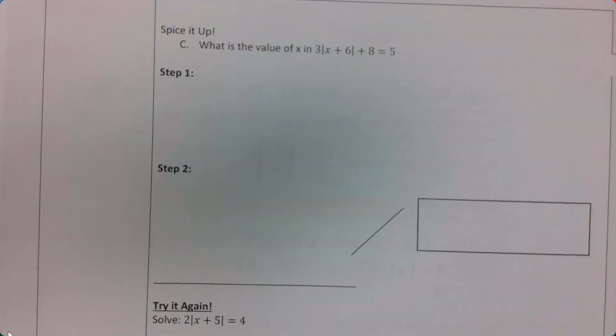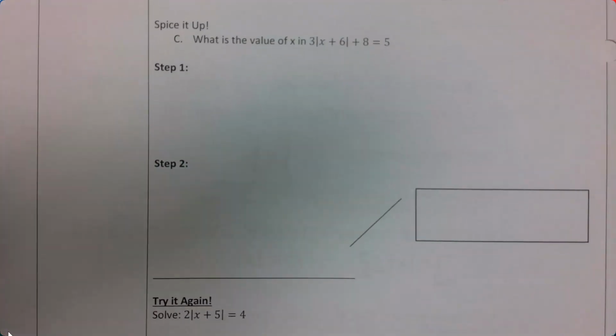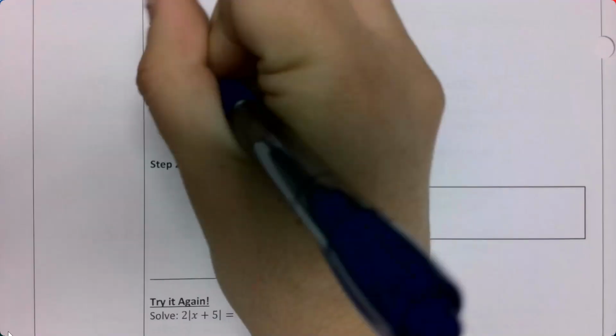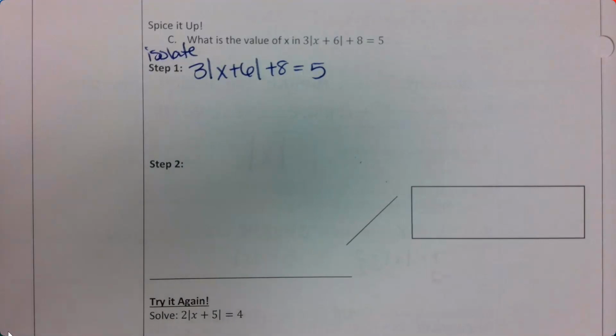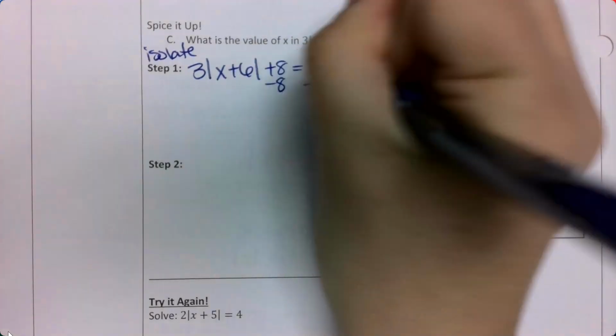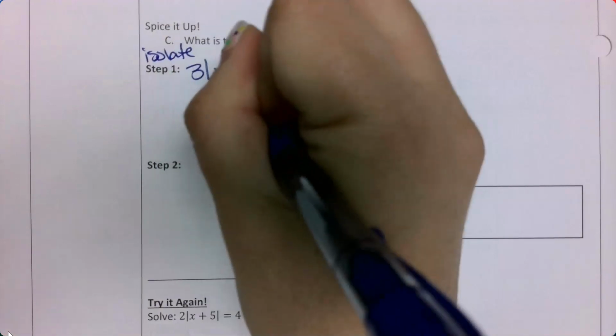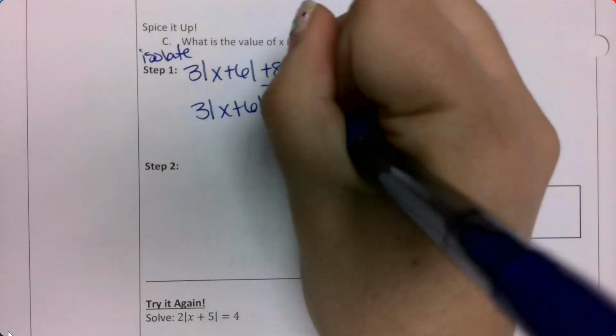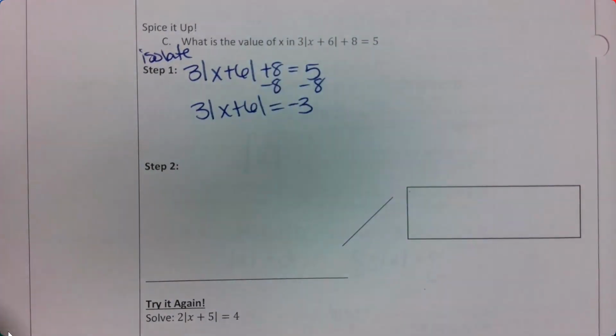Okay, so this one wants me to solve. The first thing I need to do is get my absolute value alone. So what's the first thing I want to do here? What is 5 minus 8?